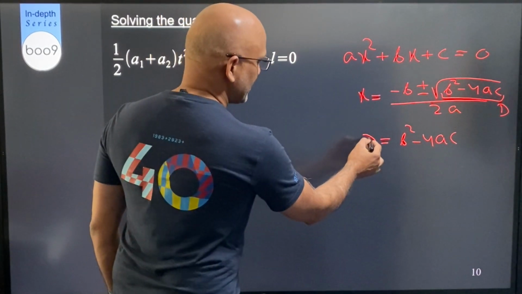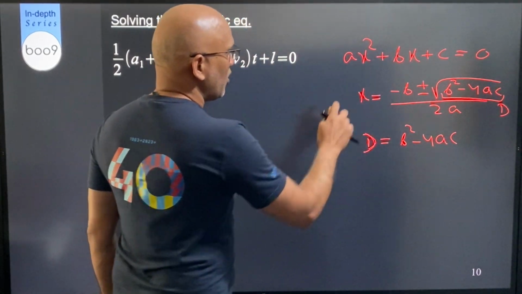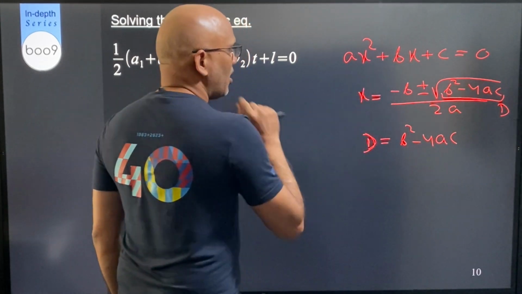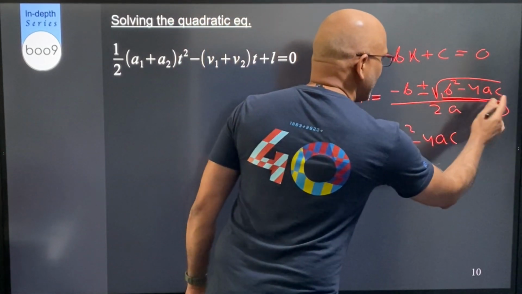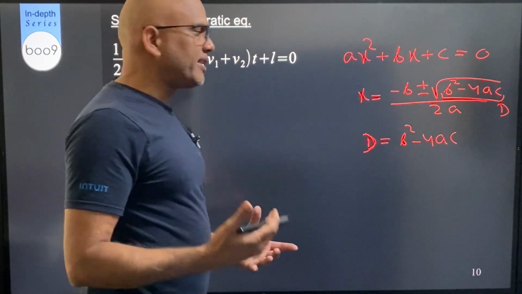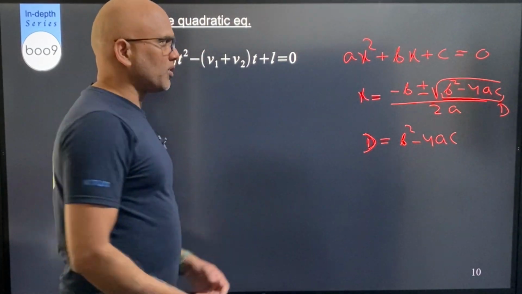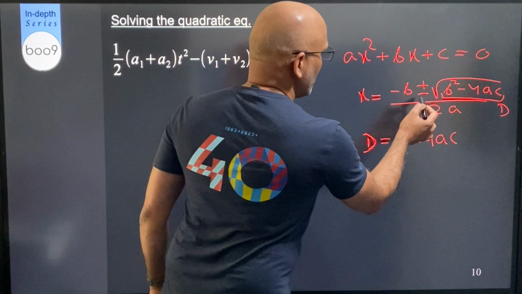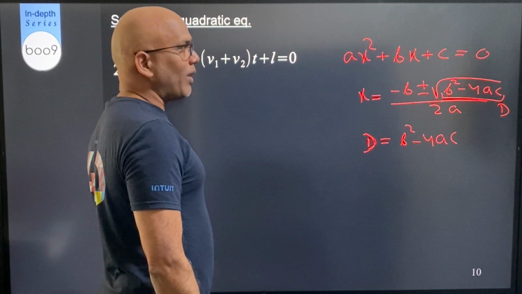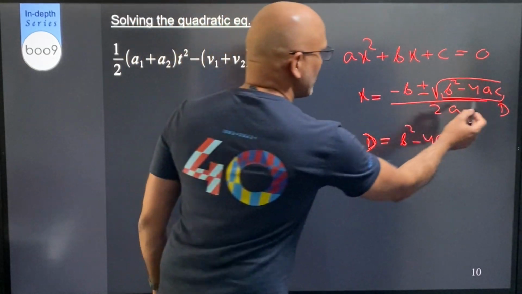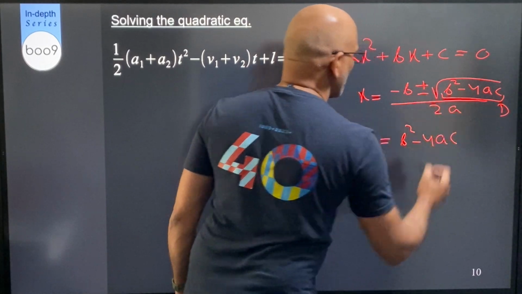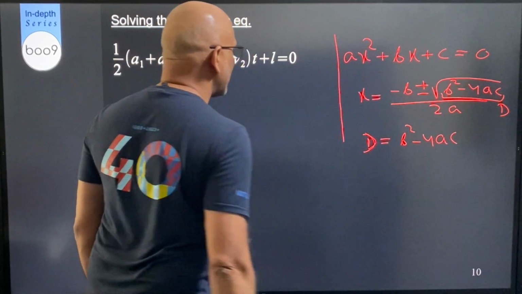Now this discriminant dictates whether there will be any real solution or not. For example, if d is less than 0, the square root of a negative number is an imaginary number, so there will be no real solution. If the discriminant is 0, this part is 0, so there will be one real solution. If the discriminant is positive, there will be two solutions, one corresponding to the plus, one corresponding to the minus, right? So let's keep that in mind.